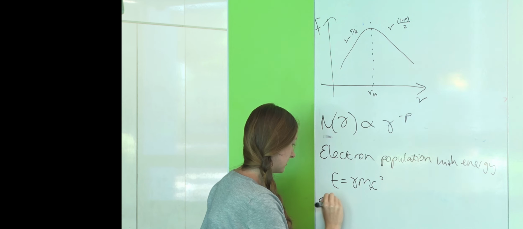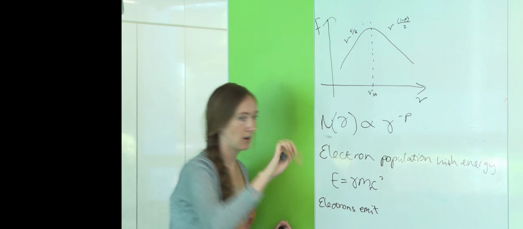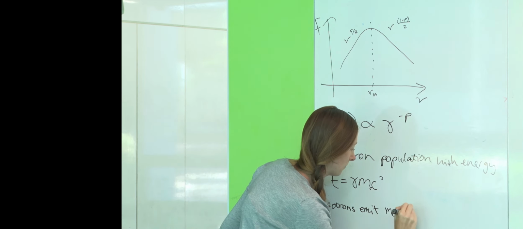So electrons emit most of their power, so they'll have their peak of emission near this critical frequency.